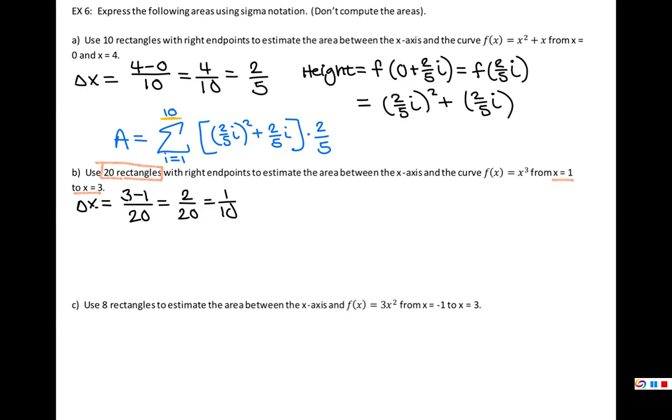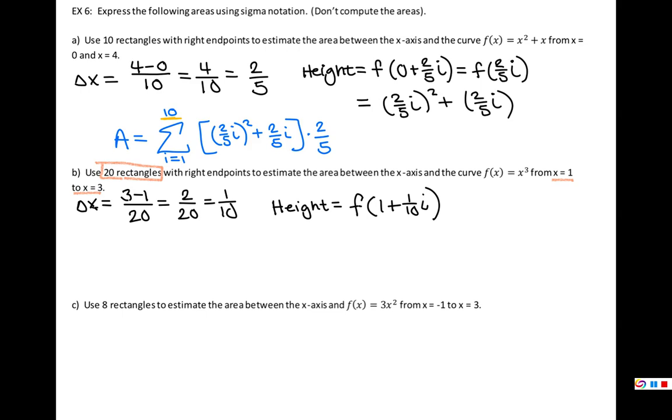I have to take the length of my interval from 1 to 3, or 3 minus 1 is 2. So we're looking at a region with a length of 2. We're dividing it into 20 rectangles. So 2 divided by 20 is 1/10. So there's my width, or my delta x.